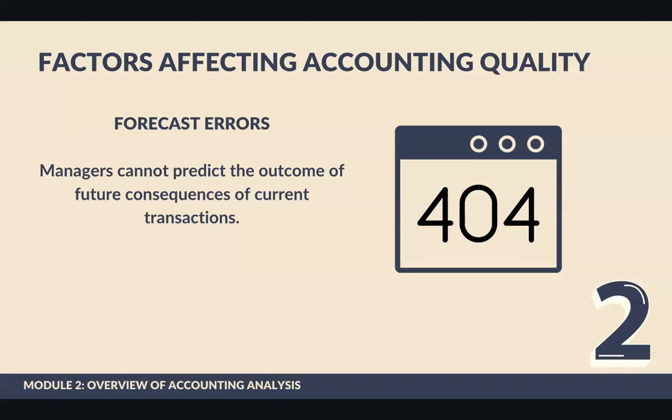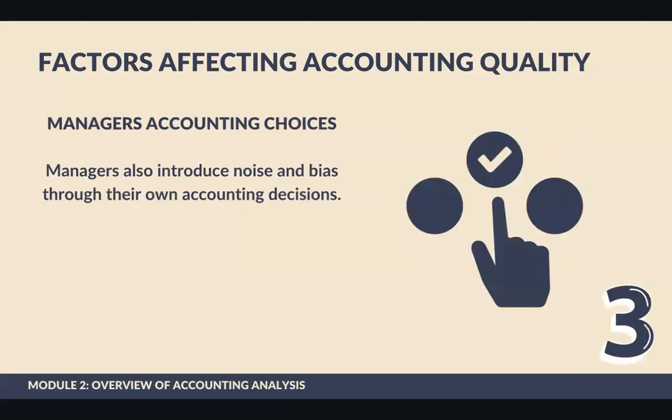All right. The third factor that affects accounting quality is managers' accounting choices. Whether we like it or not, as finance personnel and as members of the management, we also introduce noise and bias through our own accounting choices.